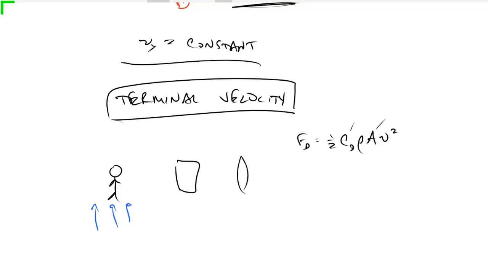And so then, by reducing these, we can increase the speed. The air, instead of flowing around you like this, flows around like this, and so you can increase the terminal velocity, your maximum velocity.